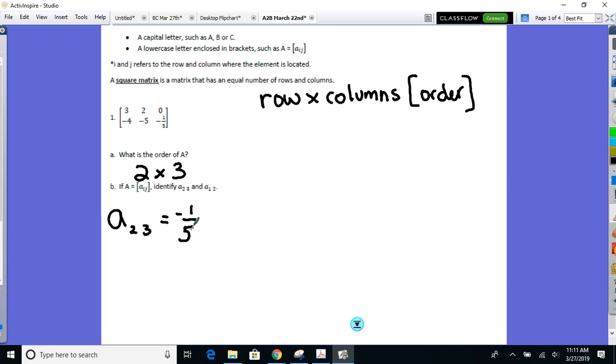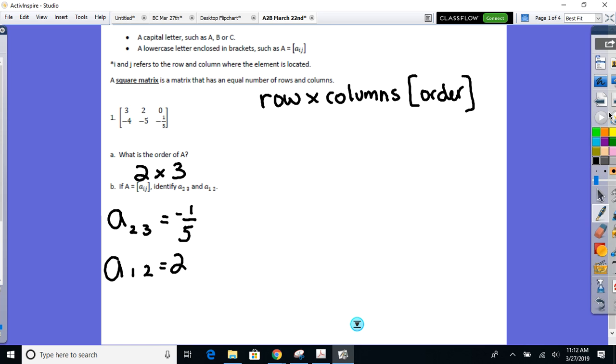Everyone good so far? What about row 1, column 2? What's in that spot? That's a 2. All good? Any issues there? The biggest thing: row first, column second.